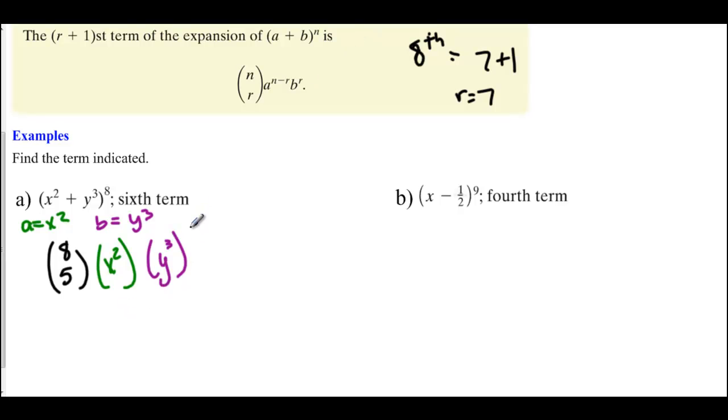So we're going to go ahead and put that 5 over here. And then we know that these exponents have to add to the top number. So what's this one? 3. So the 5 and the 3 is going to give us the 8.